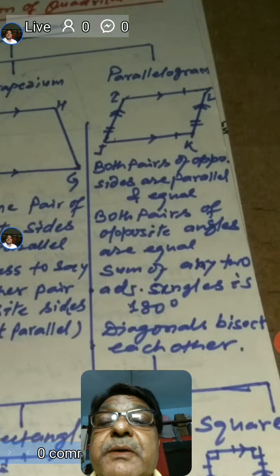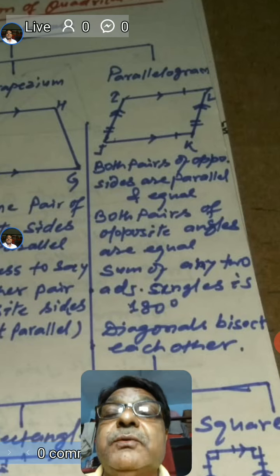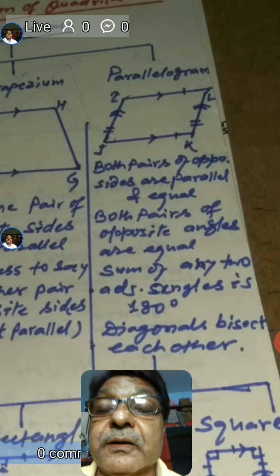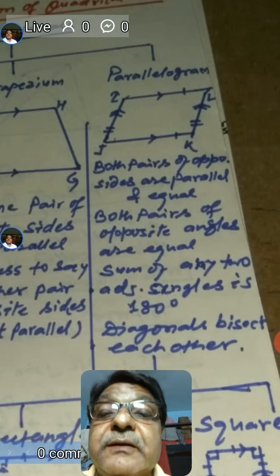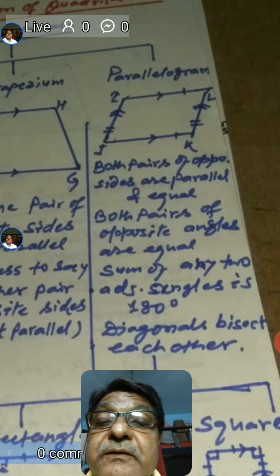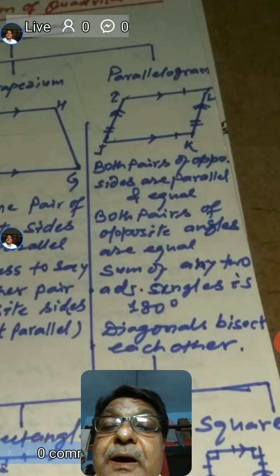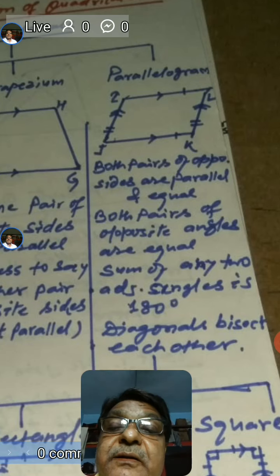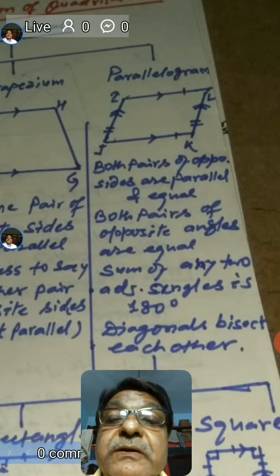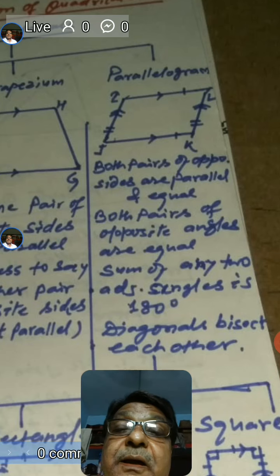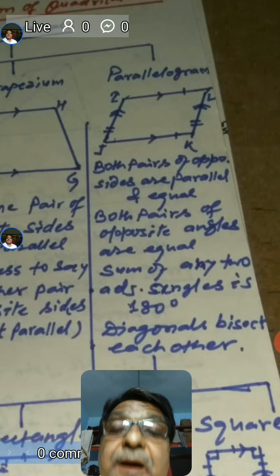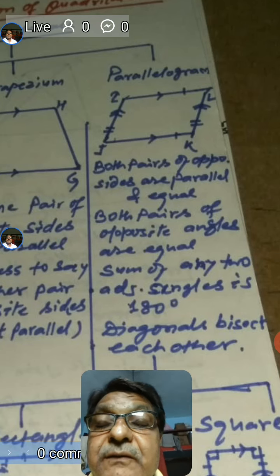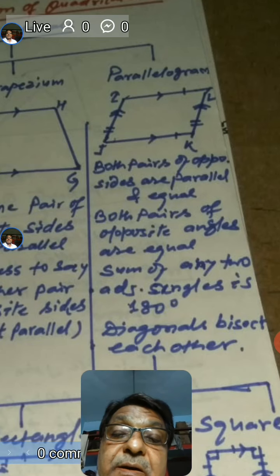The fourth property is the sum of any two adjacent angles of a parallelogram is always 180, that is supplementary. That is, the sum of angle I plus angle J is equal to angle J plus angle K, which is equal to angle K plus angle L, and finally angle L plus angle I is equal to 180.